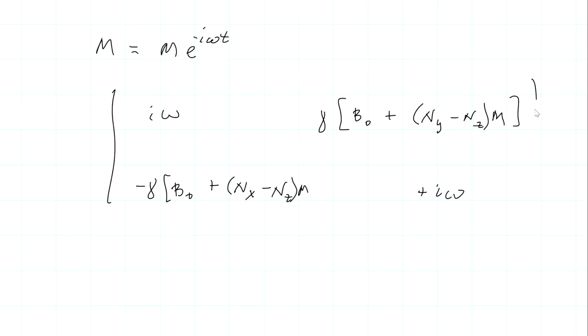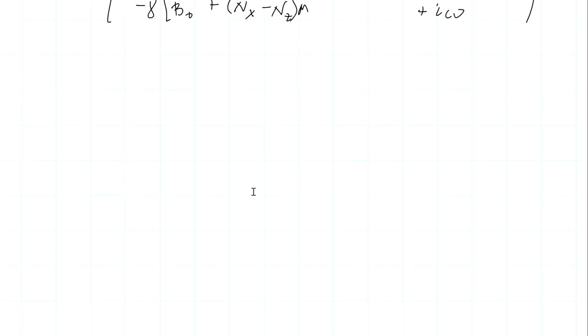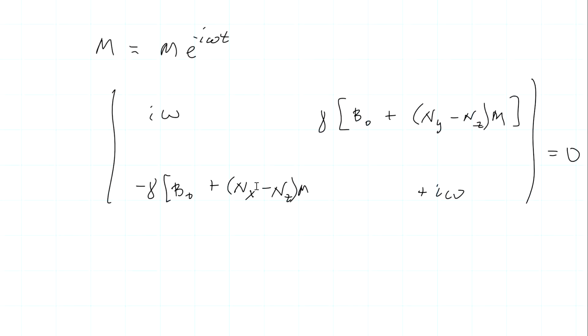So that determinant is equal to 0. We are solving a system of linear equations. So from this, you can write explicitly the determinant.